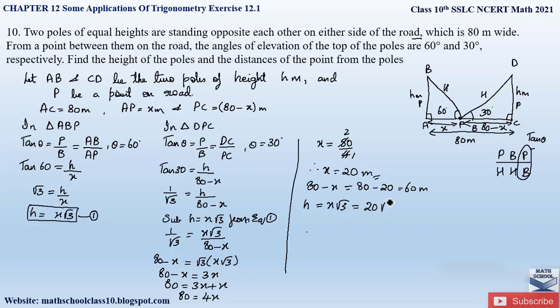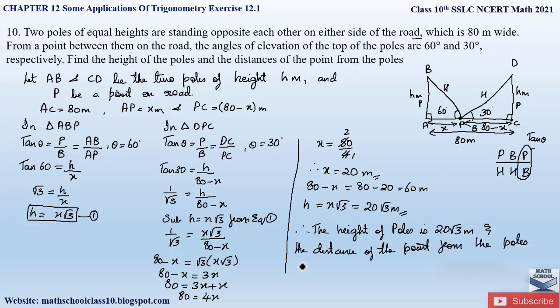So 20 into root 3 meters, right? Therefore you can write down the height of the pole is 20 root 3 meters, and the distances of the point from the pole are 20 meters and 60 meters respectively, right?